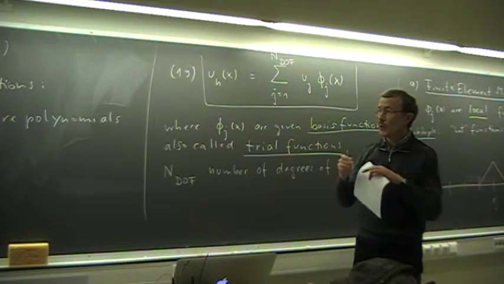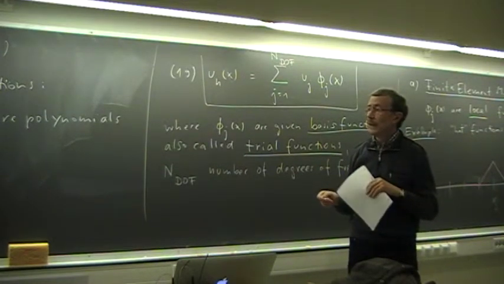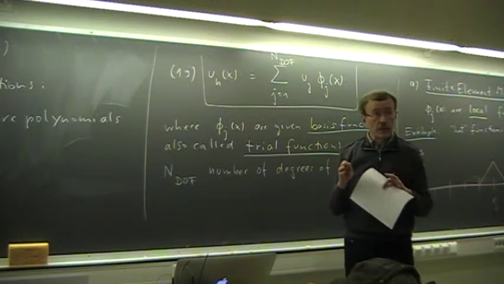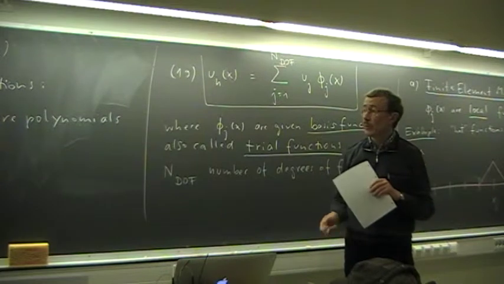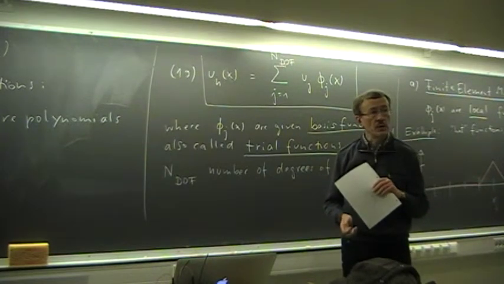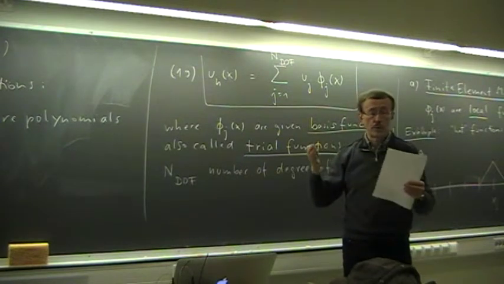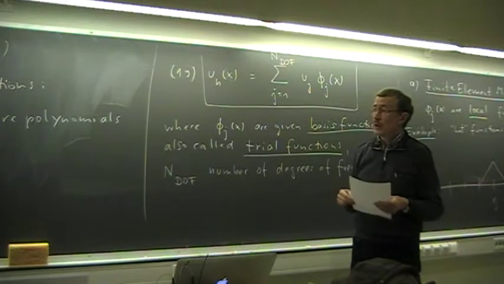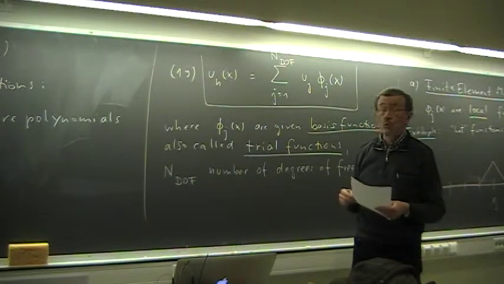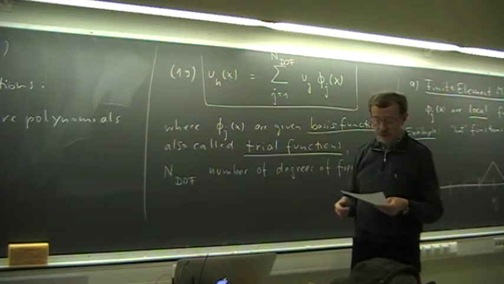Once we have enough points to resolve the features that we want to do, then we get very accurate results, and when we increase the number of basis functions, the error drops not linearly, like for a standard finite difference, finite volume, or finite element method, but it drops more. So the error goes down very much faster.